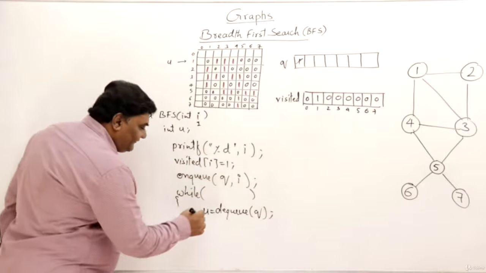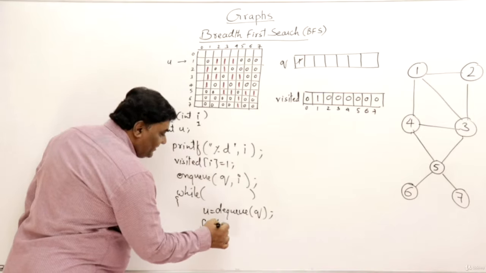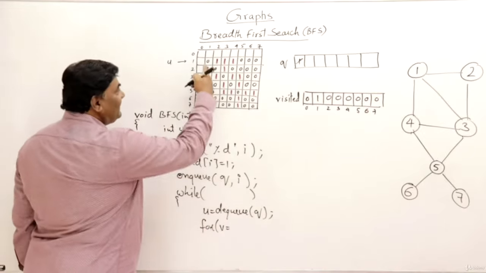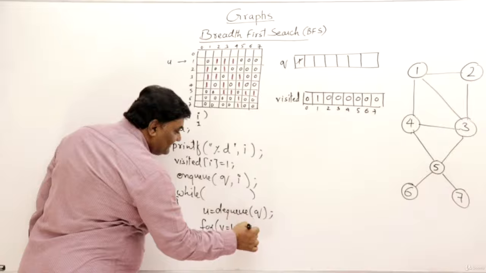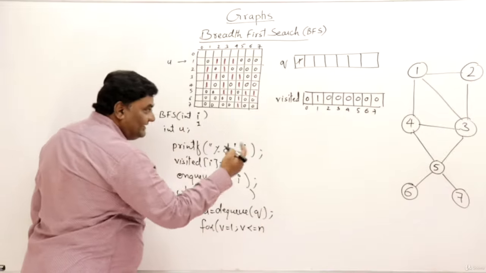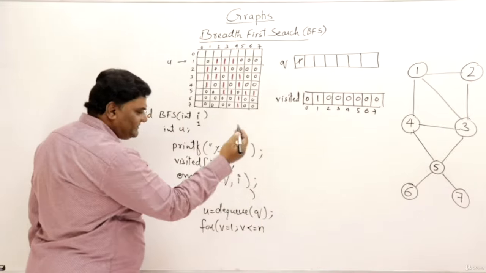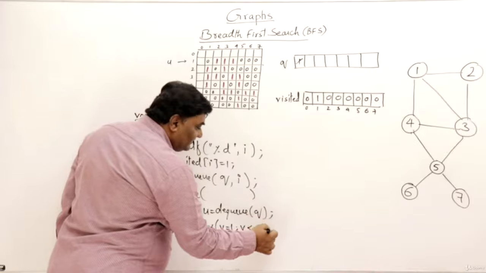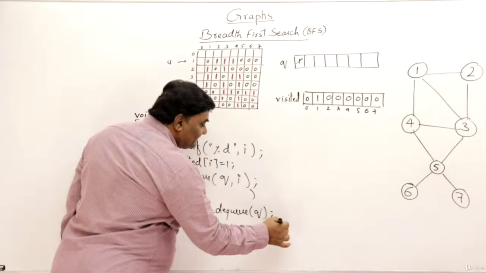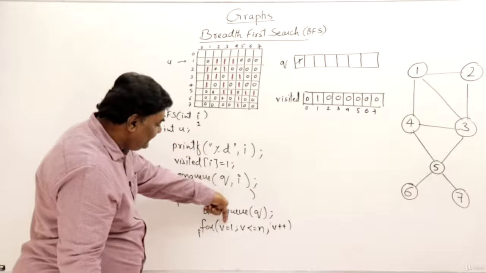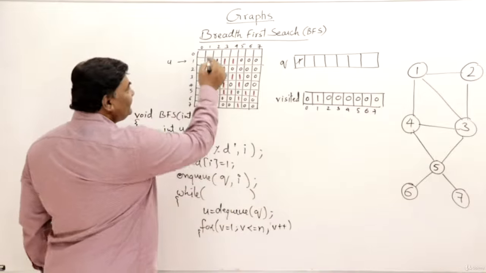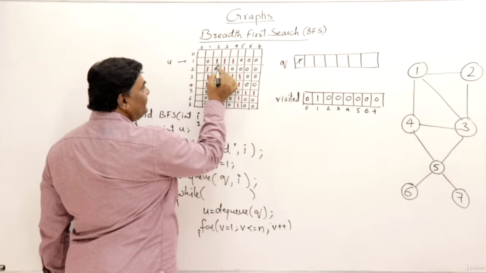For v assign starting index 1 onwards, v less than or equal to n. N is the number of vertices and assume it is global. Then v plus plus. This loop will take me through all these. So I am calling these vertices v.